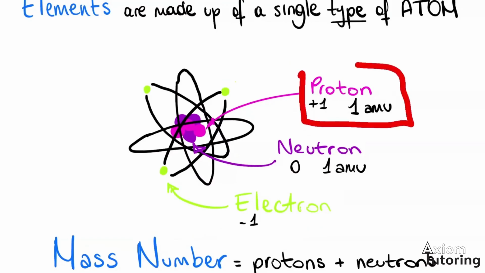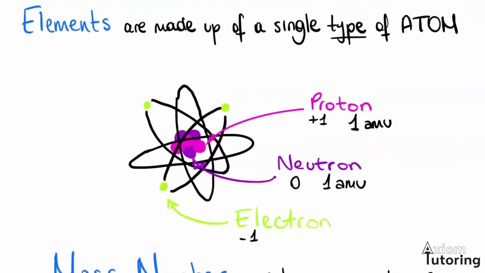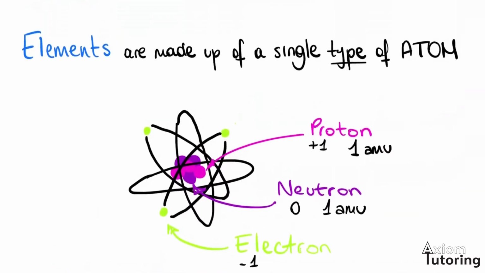Protons are also interesting for another factor, which is that they are what differentiates one atom from another atom. So over here, I mentioned that elements are made up of a single type of atom, and the different types of atom are given by the number of protons found within that atom.